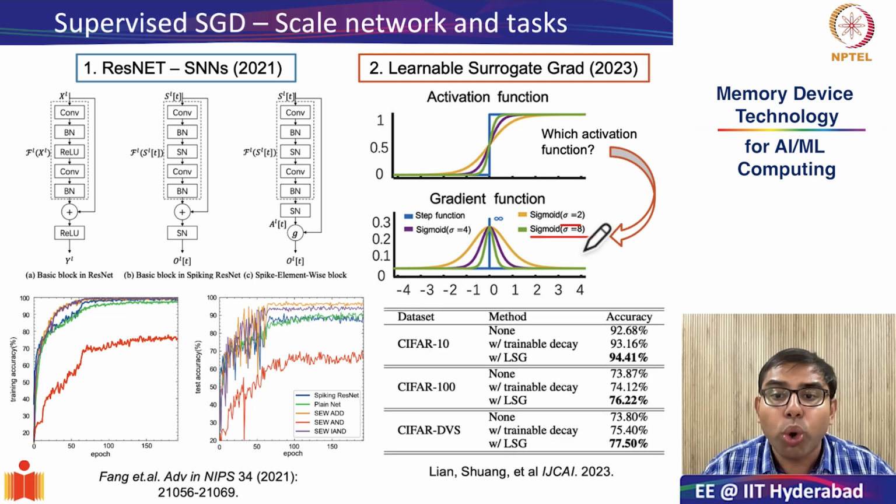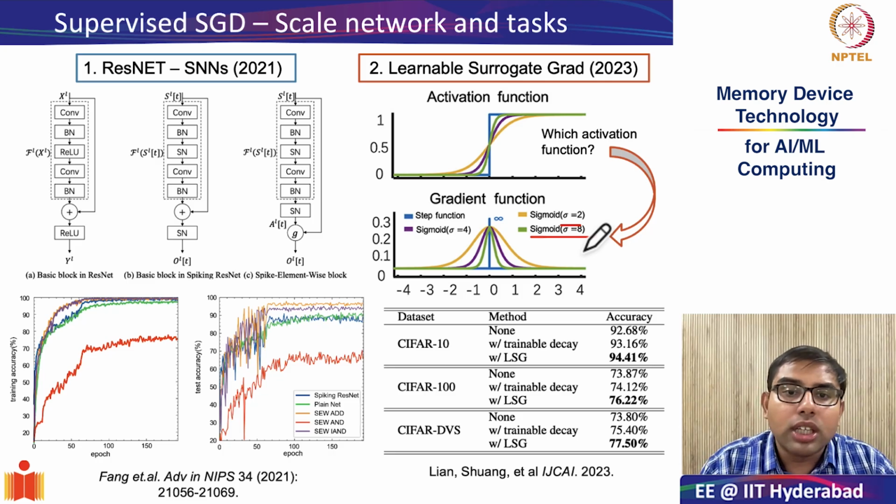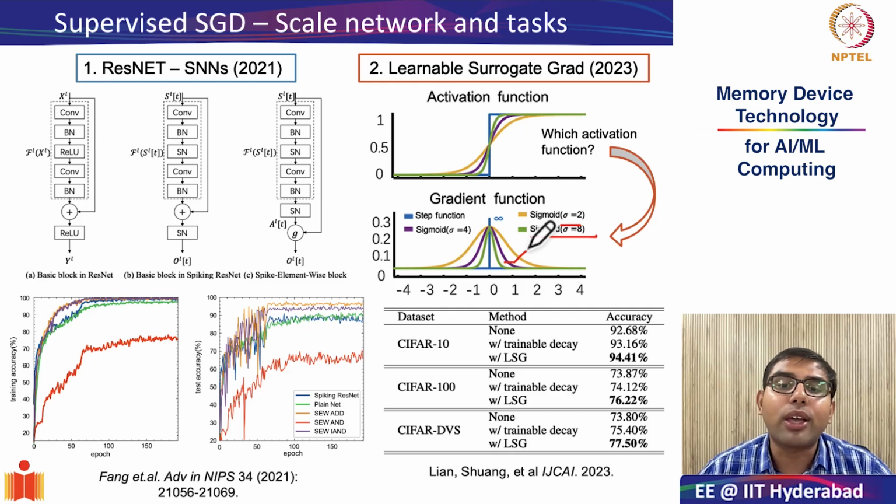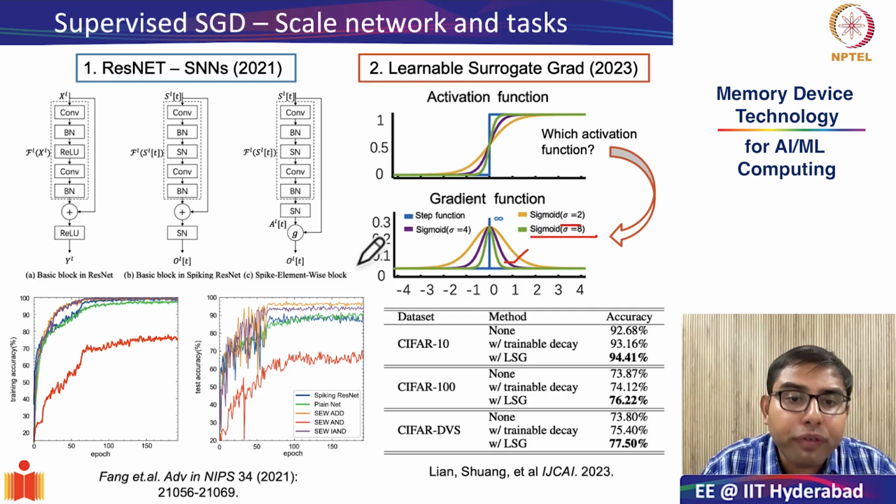As shown in the figure, this learnable surrogate gradient, where not the same sigmoid is used across all layers and it is learned which is best for that particular layer, pushed the accuracy on really complicated data sets like CIFAR 10 and CIFAR 100 quite significantly.